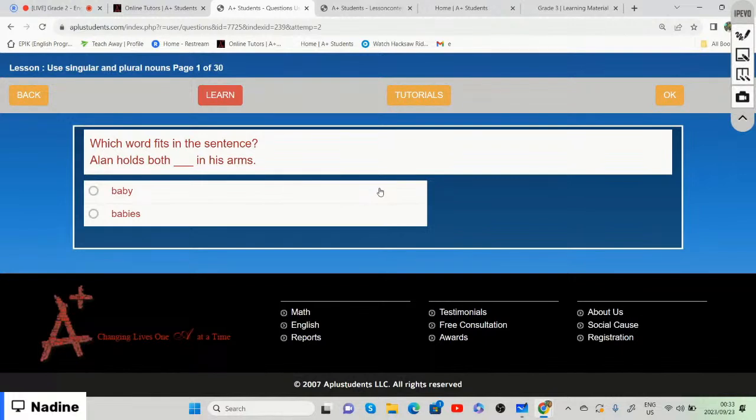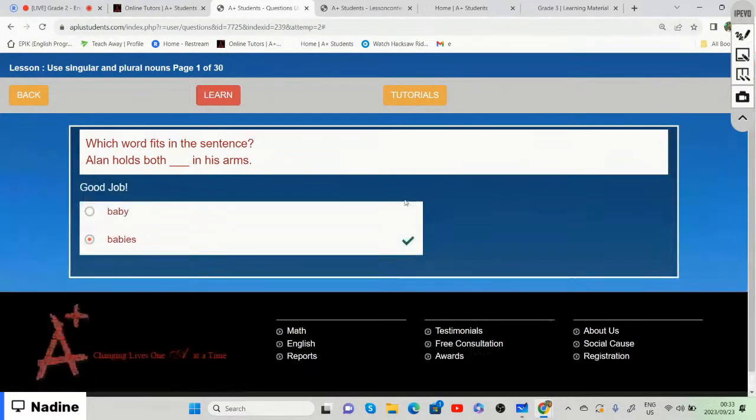Alan holds both baby or babies in his arms. All right, so if we are talking about both, right, it means two. So which means that we're going to say it is babies, not one baby, babies.